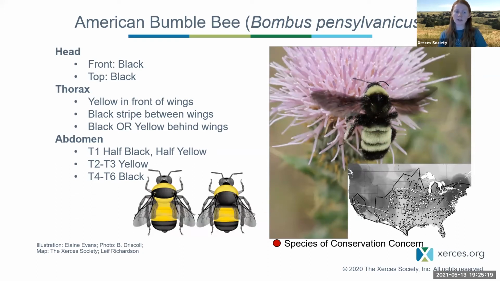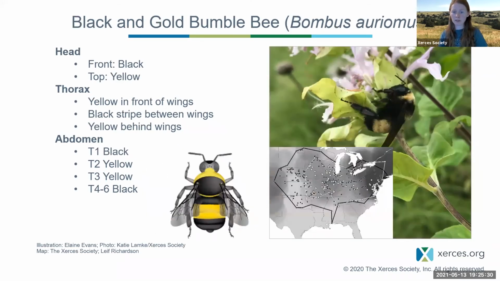And that's a really key feature when trying to distinguish it from this species, the black and gold bumblebee, or Bombus auricomus. So this species has yellow hairs on the top of its head and has a very similar color pattern other than that to the American bumblebee. They both have yellow in front of the wings. They can have yellow mixed in behind the wings.